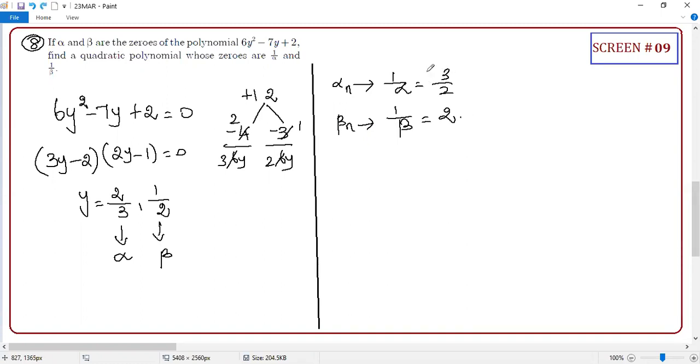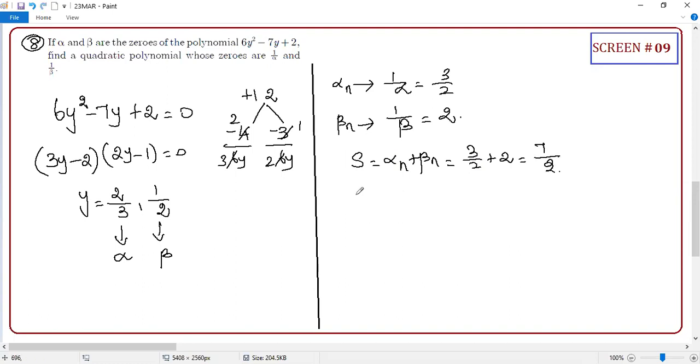And you have to form a quadratic polynomial. Now you need sum and product. Sum alpha n plus beta n is 3 by 2 plus 2, which is 7 by 2.